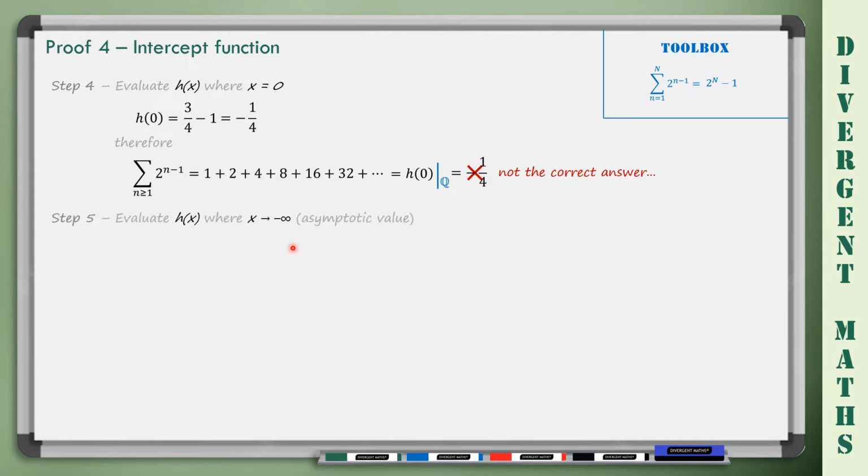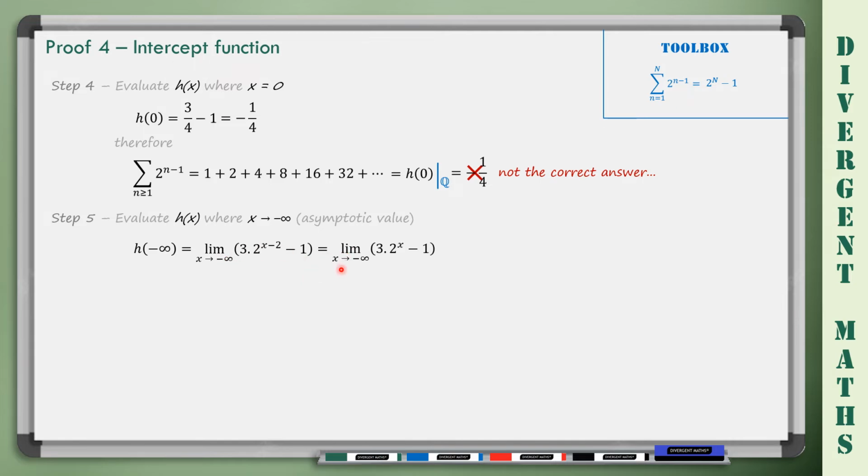So actually, in that case, due to the geometric growth of this divergent series, we have to evaluate h of x where x goes towards minus infinity, or the asymptotic value. So h at minus infinity, which is of course the limit when x tends toward negative infinity of that expression h of x, which is 3 times 2 to the x minus 2, minus 1.